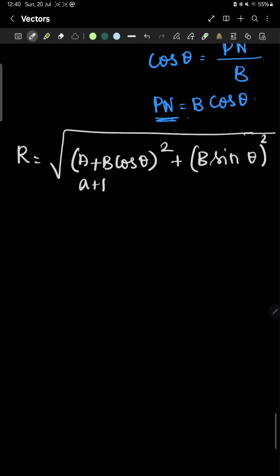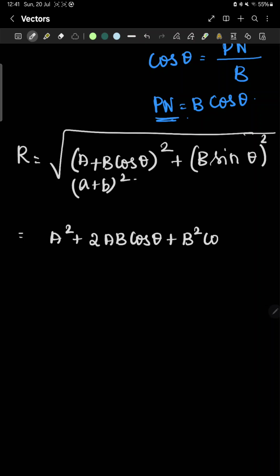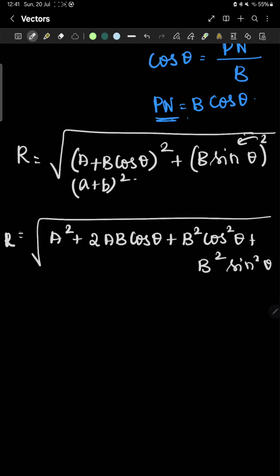This is the formula (A plus B) whole square. I am going to expand it. It will be A square plus 2AB cos theta plus B square cos square theta, and plus, taking the square inside, B square sin square theta, all under the square root, and that is equal to R.